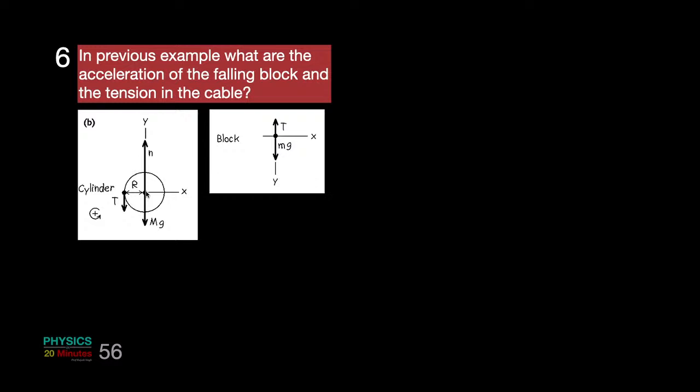But about the center of mass, the tension in the cable is working at a distance r. The lever arm is r for the tension in the cable, and that will provide an anti-clockwise torque T into R. On the block which is falling down, tension works upward, mg works downward.